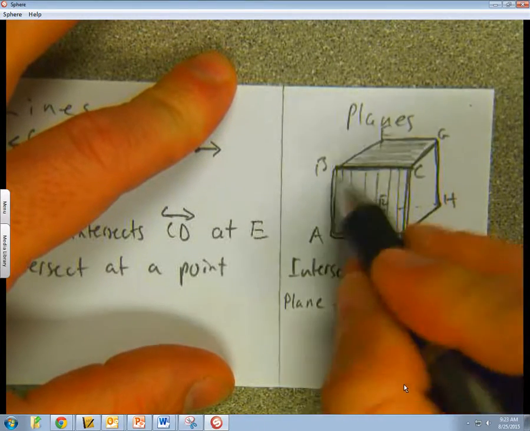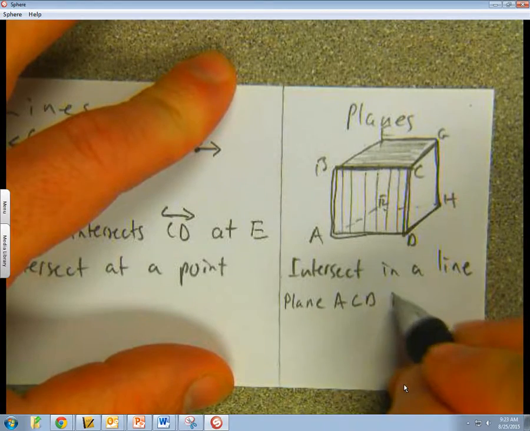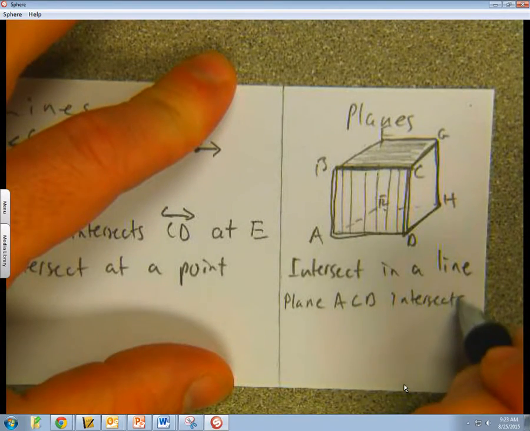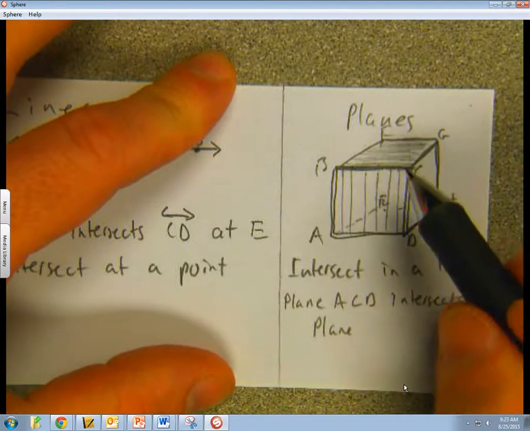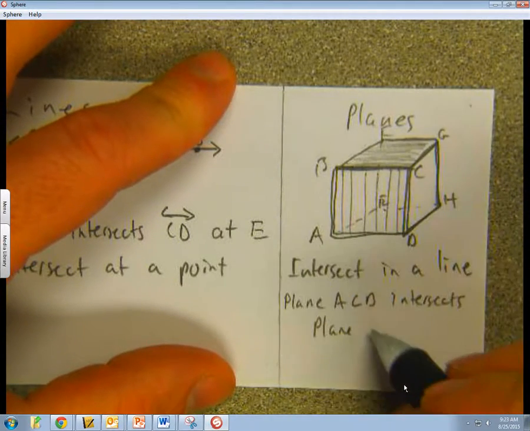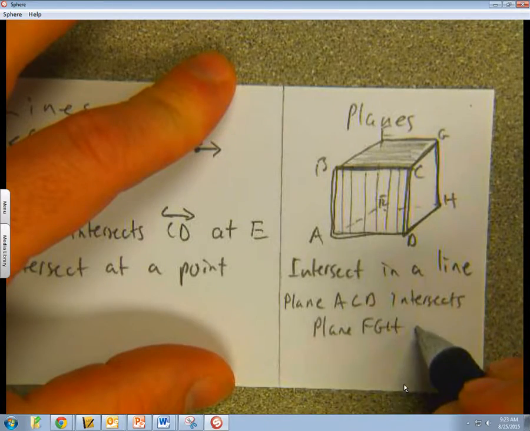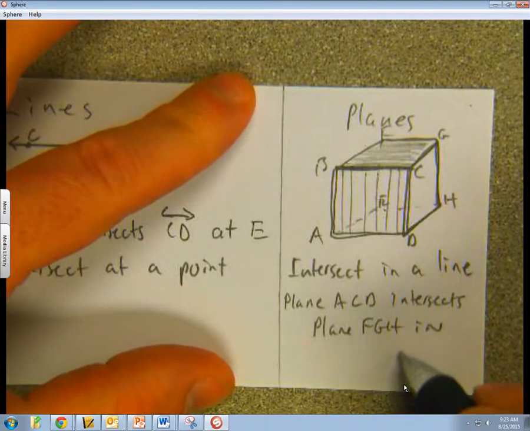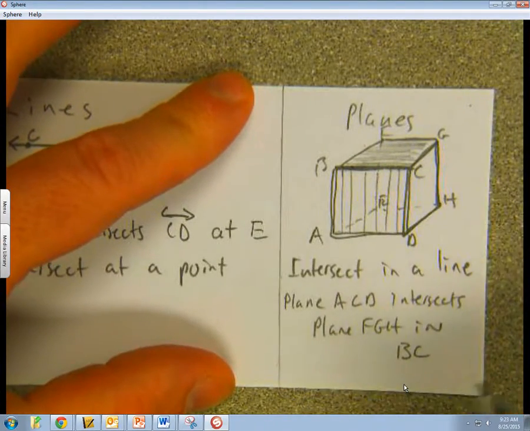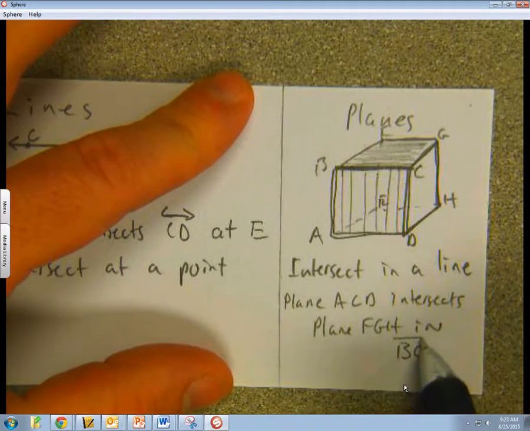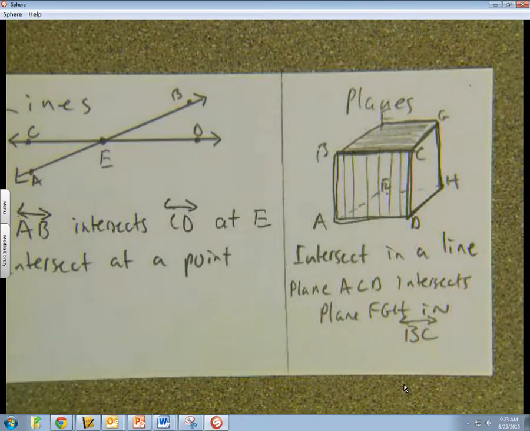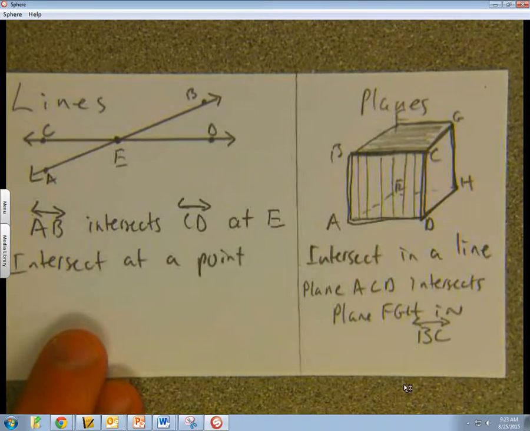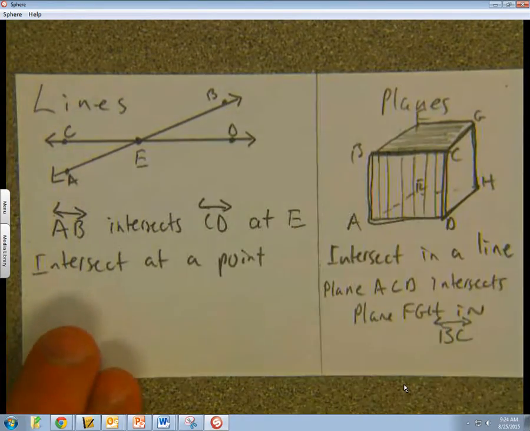Intersects plane FGH in BC. And what is BC? BC is a line. Okay, so that is intersecting planes and lines.